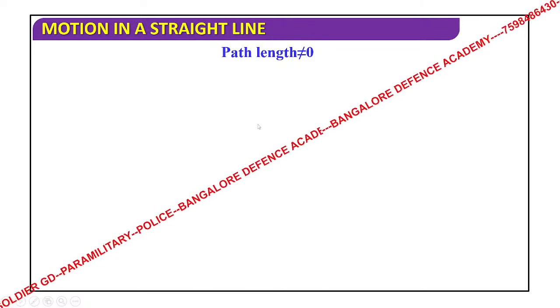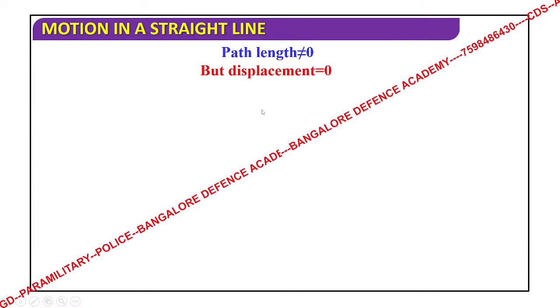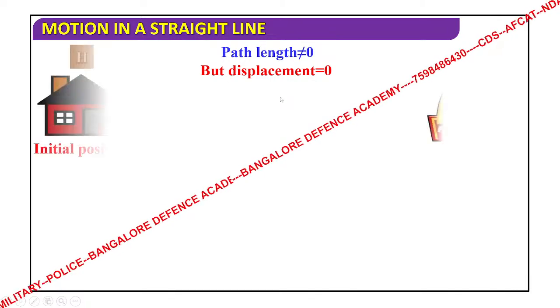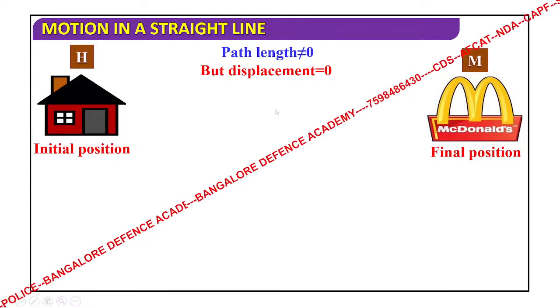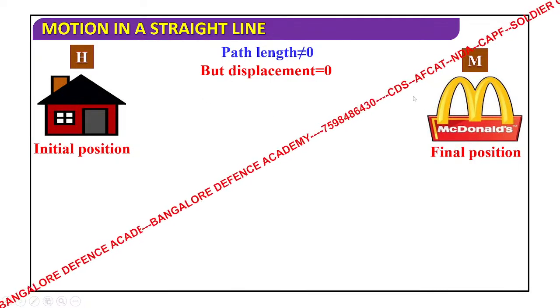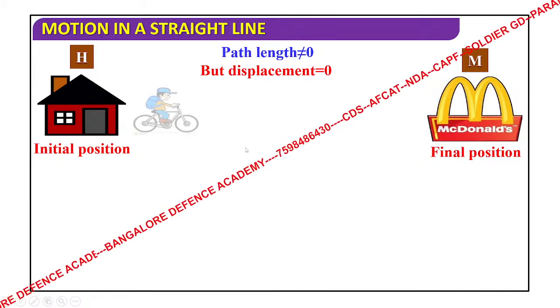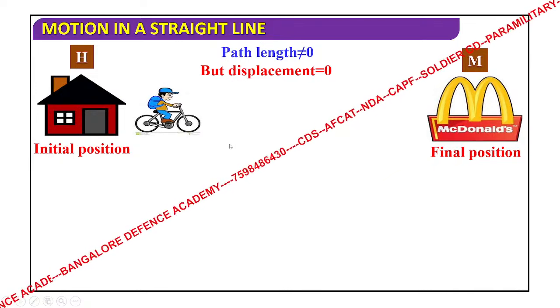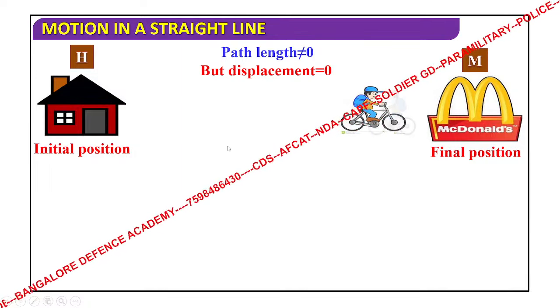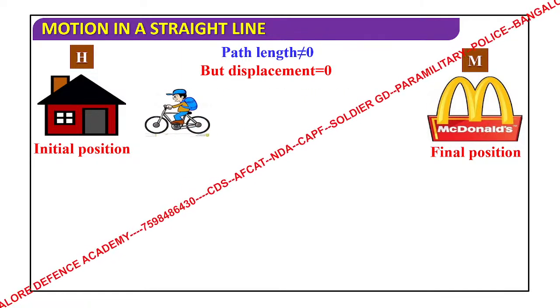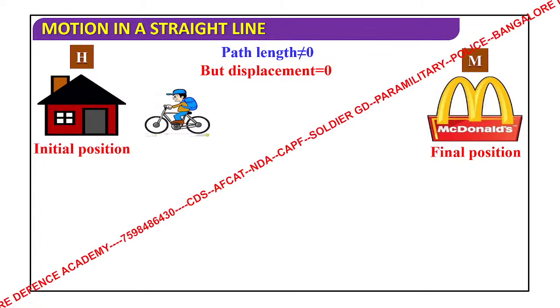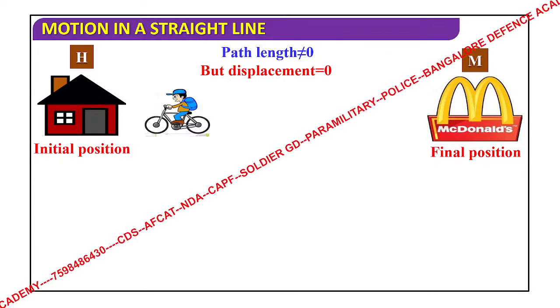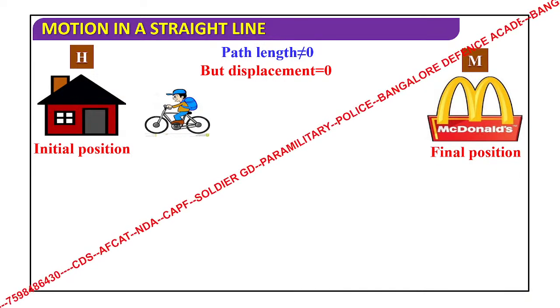Path length, can it be equal to 0 or cannot be equal to 0? But what about displacement? Look at this. We have a home and we have here McDonald's. A boy is going to travel. The boy traveled from his home to McDonald's and again goes back from McDonald's to his home. So here path length is L plus L. So path length cannot be 0.